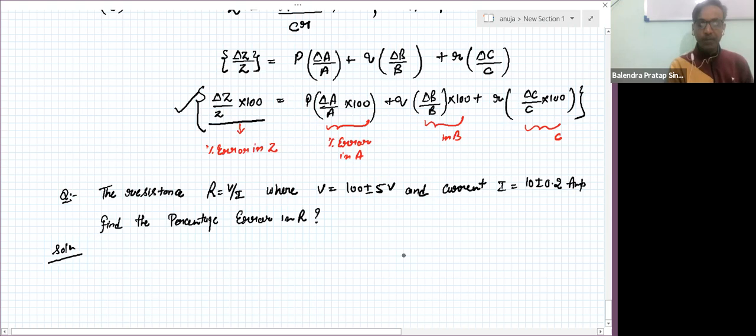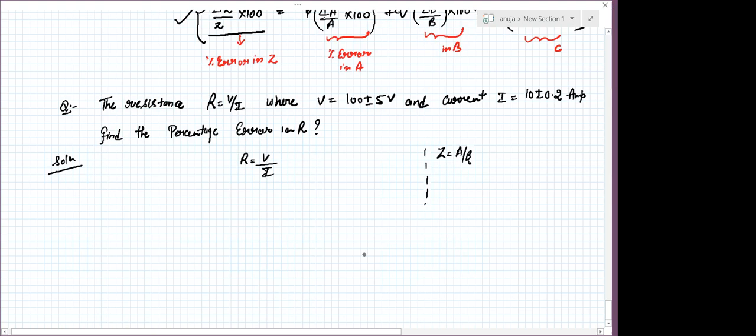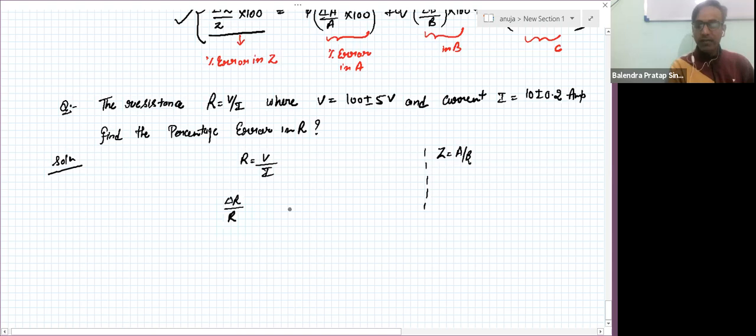Solution. Okay. So here R is like V upon I, so you can use the formula Z is equal to A upon B. So here delta R upon R, first you have to find the relative error, which is equal to delta V upon V plus delta I upon I, by using the formula of the quotient rule. Now next, how can you choose your value of delta V upon V?